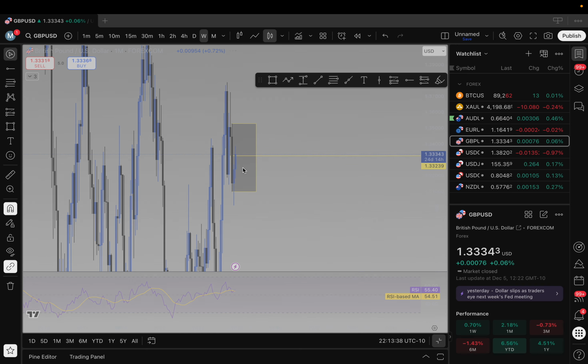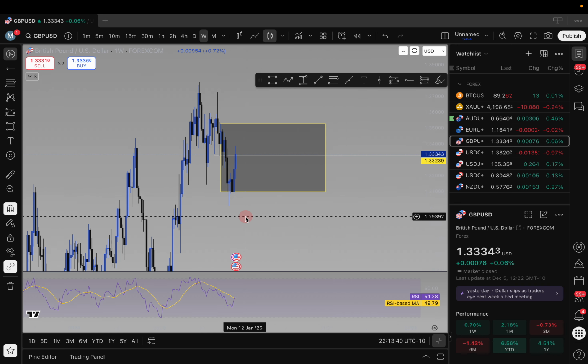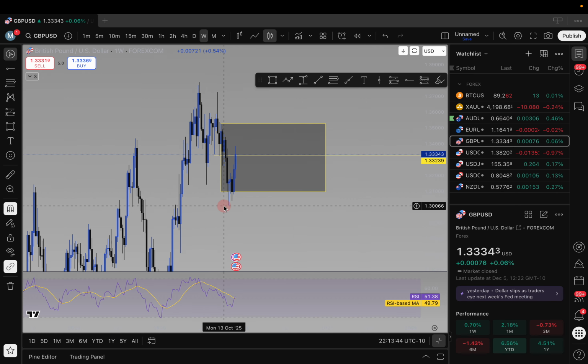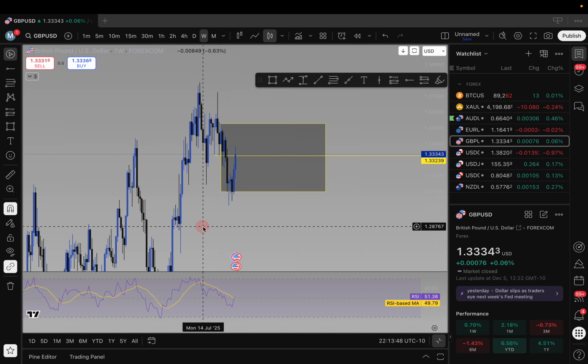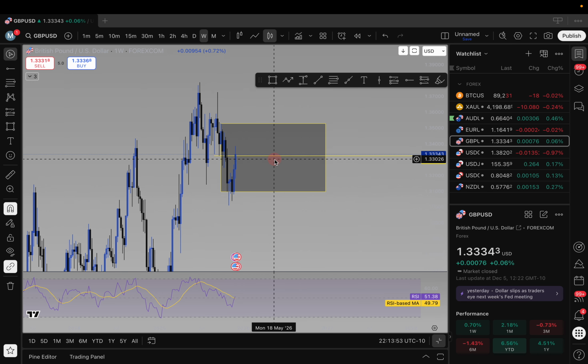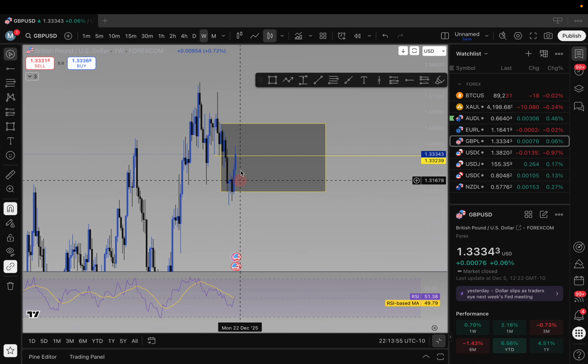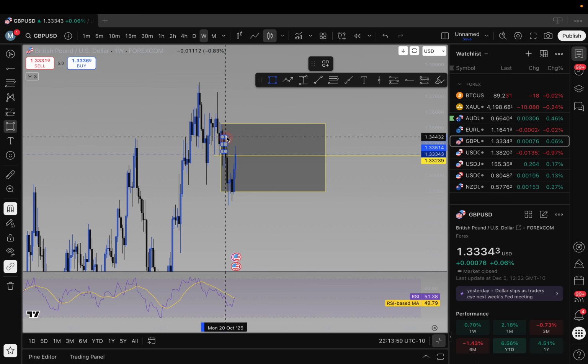Now let's go down to the weekly. All right. So my challenge right now is, because I used to trade supply and demand, my eyes can only see supply and demand just like this, and it's messing with me.